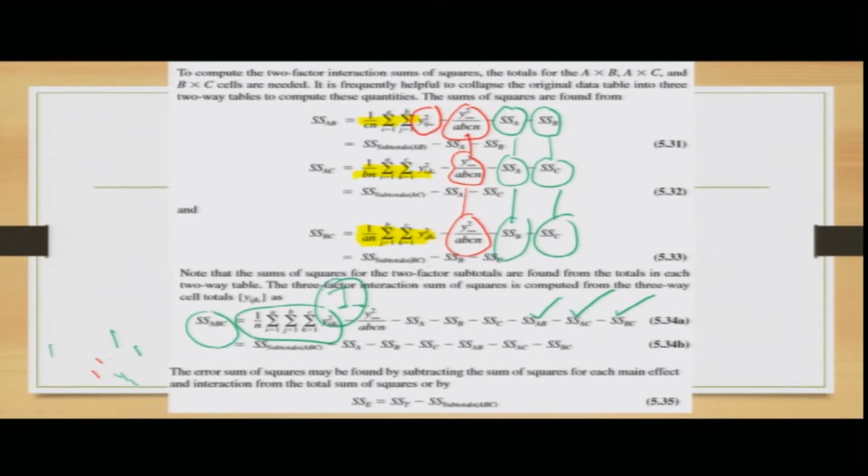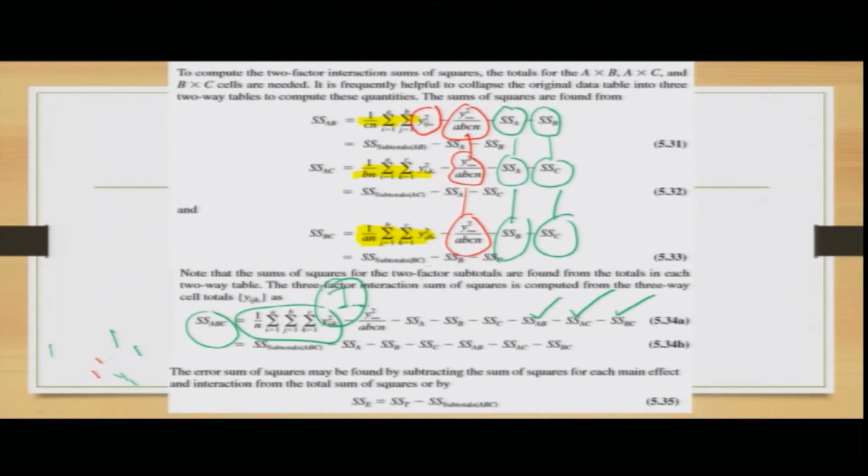So, i1, i2, i3, i4, where i1, i2, i3, i4 change from 1 to small a, 1 to small b, 1 to small c, 1 to small d, considering the factors are capital A, capital B, capital C, capital D, and obviously 1 by n remains outside.